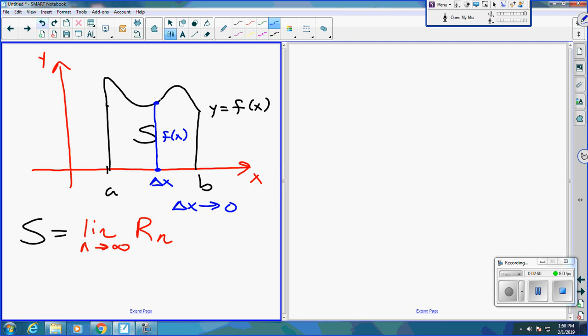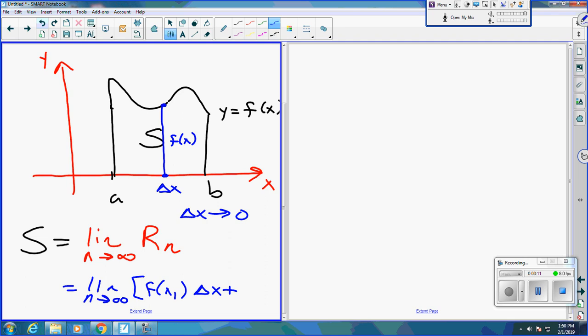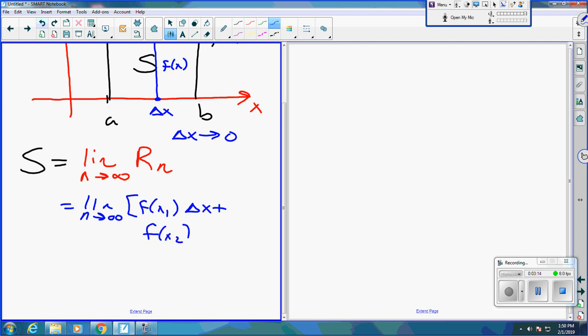So I can write that the region S is equal to the limit as n goes to infinity of the first rectangle, which is f of x1, times this delta x, which is going to approach 0, plus f of x2, the second rectangle, multiplied by the width of delta x, plus f of x3 delta x plus f of x4 delta x, dot, dot, dot, till we get to the infinite rectangle, f of x sub n delta x.